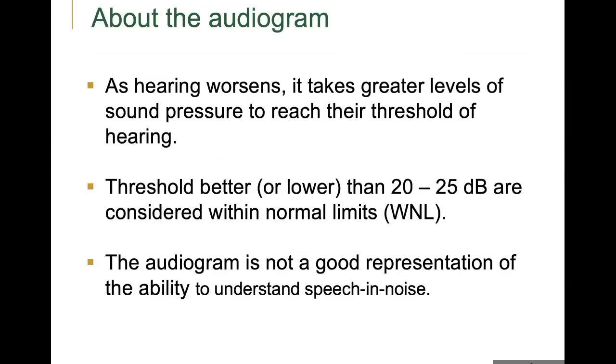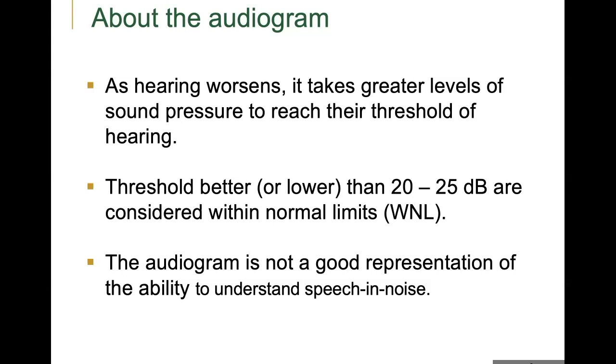All right. So as you all know, as hearing worsens, it takes greater levels of sound pressure to reach a person's threshold of hearing. As we've talked about in 501, and I'm sure you've talked about in other classes, a 0 dB hearing threshold level on an audiometer is not the same as 0 dB sound pressure level on a sound level meter.